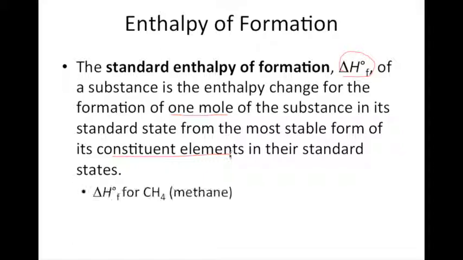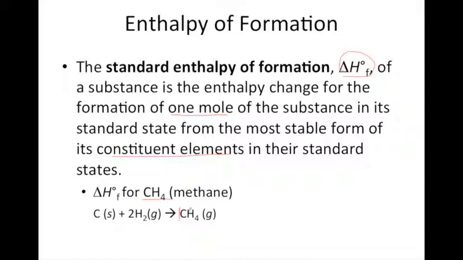Let's look at an example. Let's say we wanted to figure out what is the enthalpy of formation for CH4 or methane. Well, we would need to create 1 mole of methane from its constituent elements. So methane is made up of carbon and hydrogen.